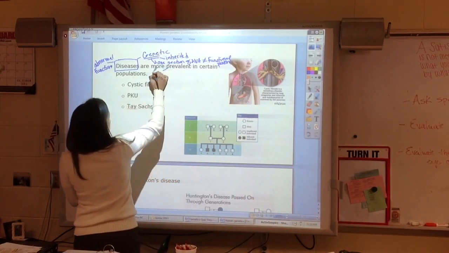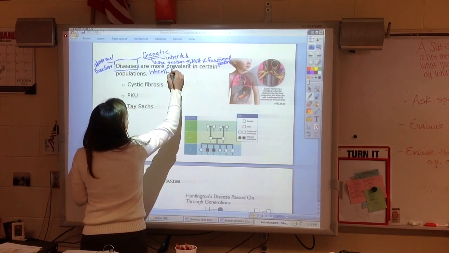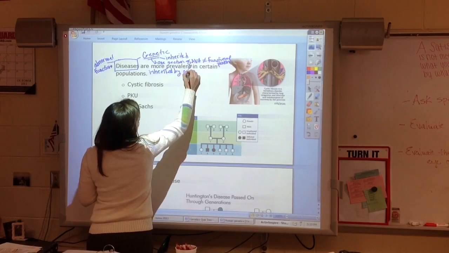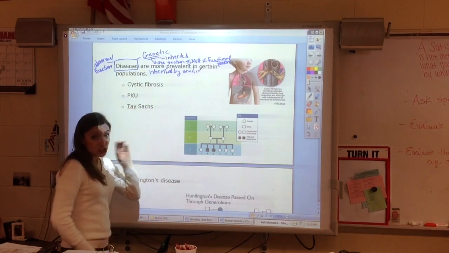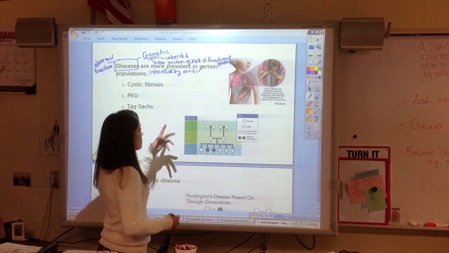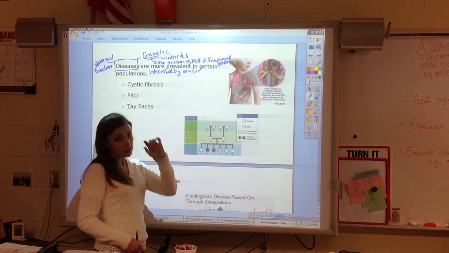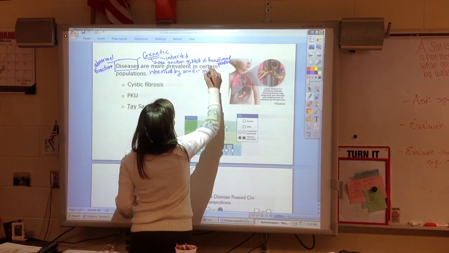So they can be inherited by similar gene mutations. So for example, in sickle cell anemia, there is one specific mutation that we'll see. This is meant to be similar mutations.